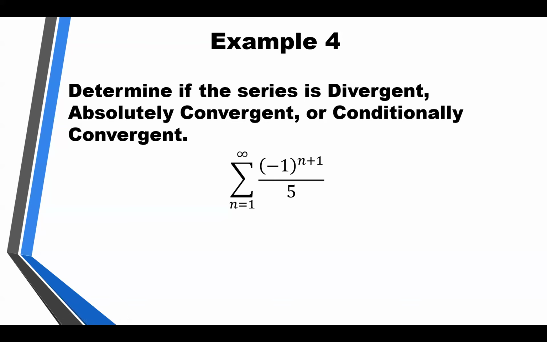Let's do another. As always, if you want to try this on your own, you can pause the video. So we want to see if this infinite series is divergent, absolutely convergent, or conditionally convergent.